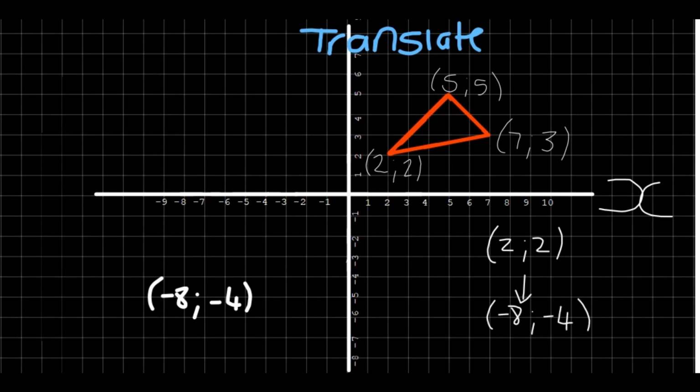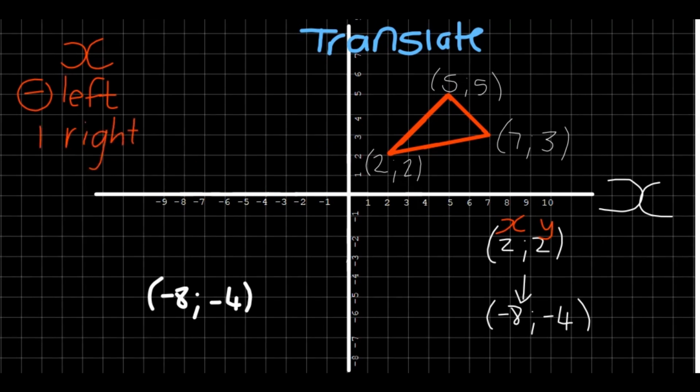Now remember, the first one is the x and the second is the y coordinate. When you have your x coordinates and their image is shifted left, you will subtract. And when the unit is shifted to the right, you will add.